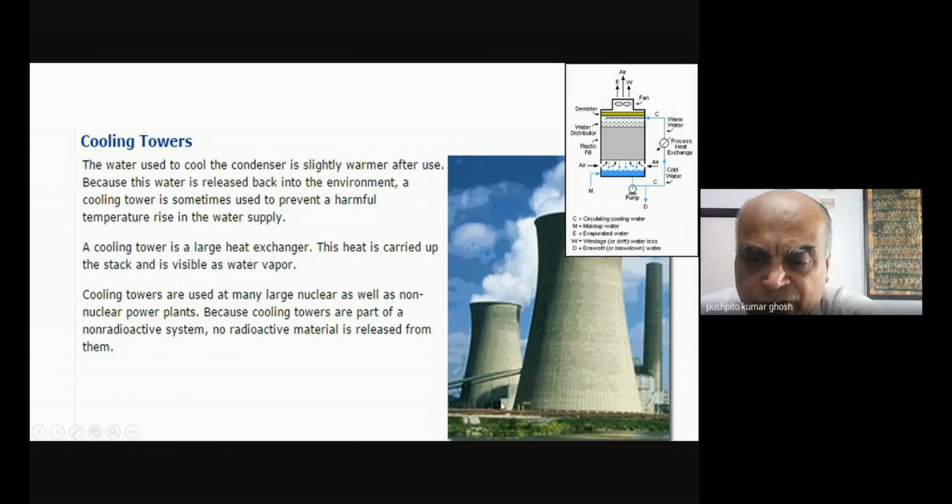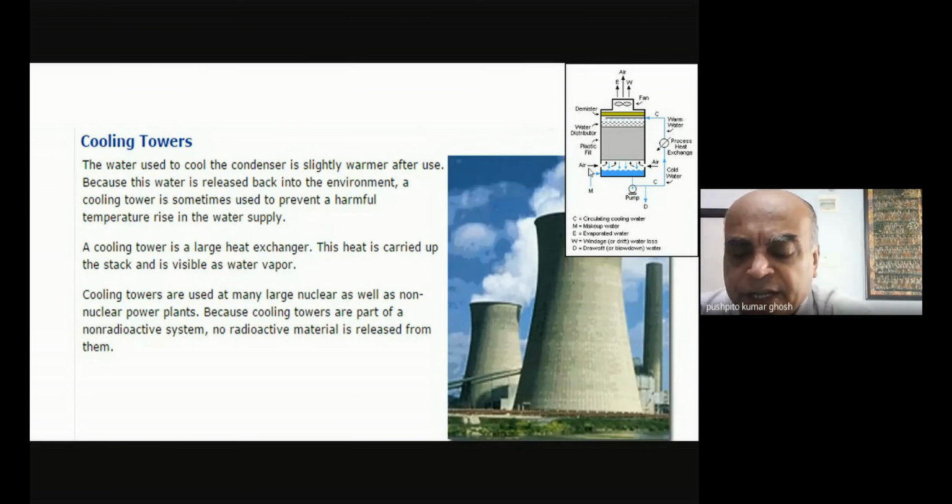I pour the water from the top, through a distributor, so the water falls uniformly from this height, and from the bottom I pass air. That air should ideally be reasonably dry air. Now what happens is that air at a higher temperature can absorb more moisture.